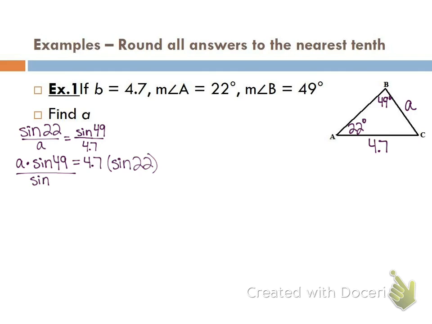Good. Divide both sides by the sine of 49. Now, I would not round anything until you get your final answer. Technically, you could use some parentheses and type all of this into your calculator at one time. Or you could do the top, press enter, and then divide by your denominator.